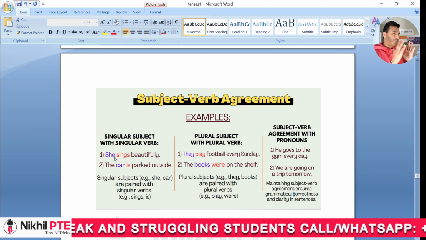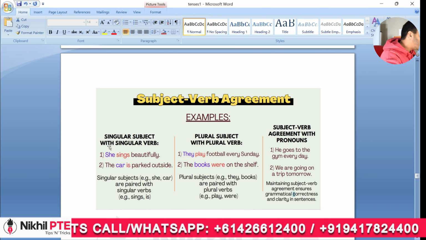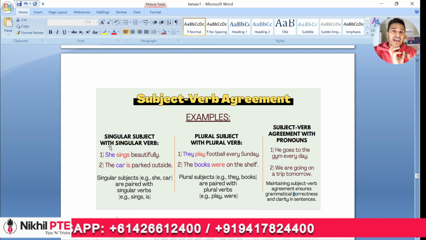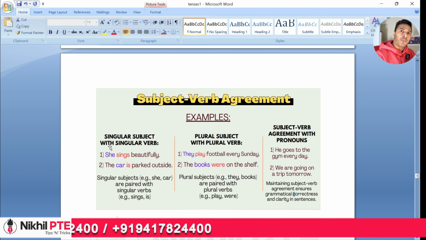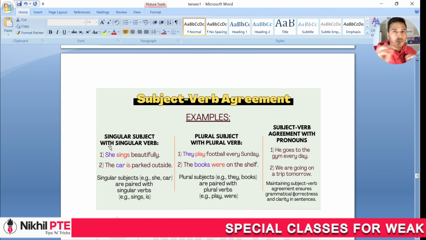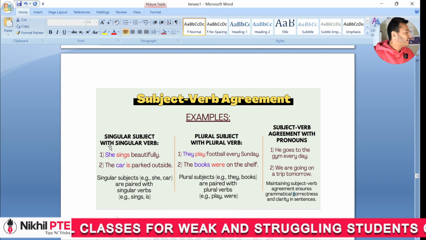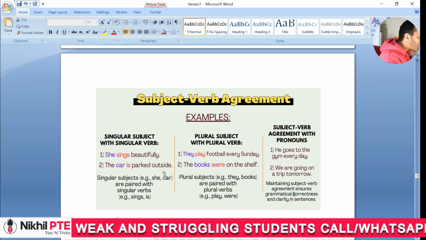See, in the tenses I told you, if you are using singular you will use s. If we are talking about plural you will not use s or es with the verb. She sings, here we are talking about only one person. She sings beautifully: singular subject with singular verb. Second example is the car is parked outside.